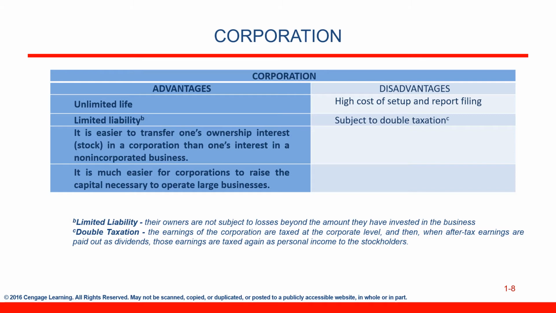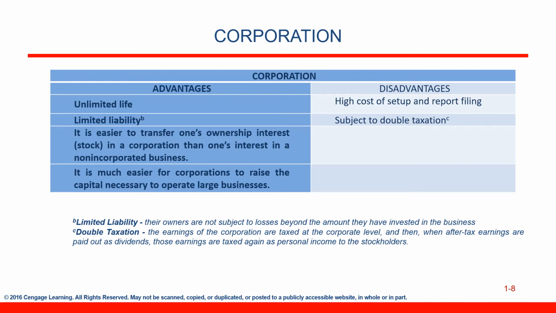And then it also has limited liability. The owners are not subject to losses beyond the amount they have invested in the business, so up to the capital they have given to the business. So the creditors cannot claim over their personal property.